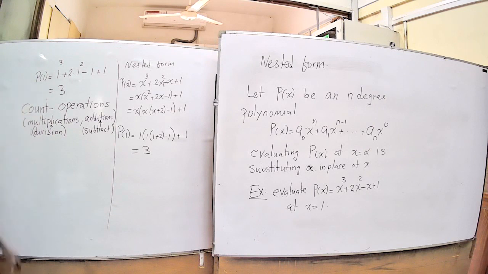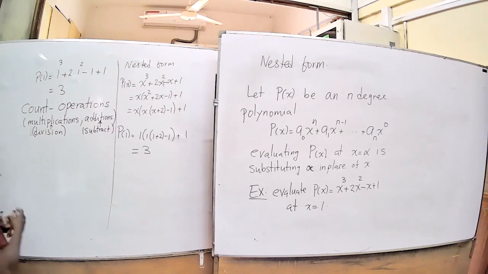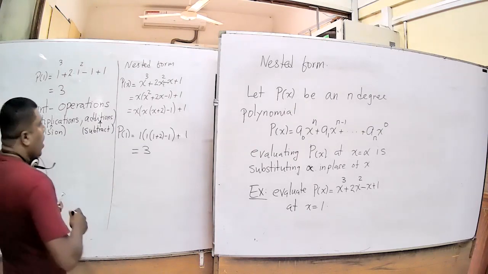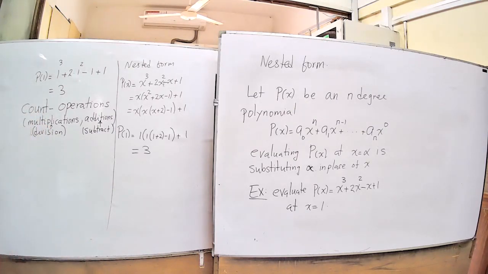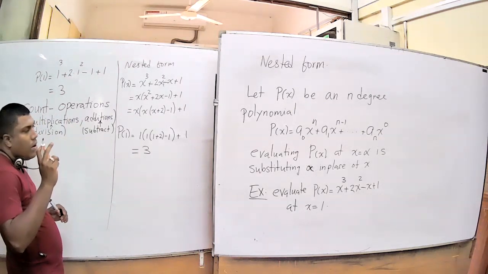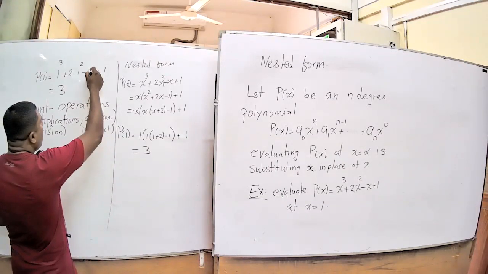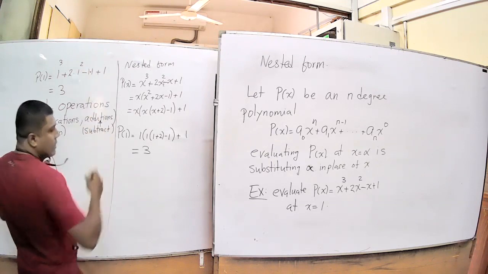So if I want to count the operations, I count the number of multiplications and additions in this process. That is what I'm going to check. One thing is important here. First of all, when I compute multiplication, I have to remind you that here you have 1x.